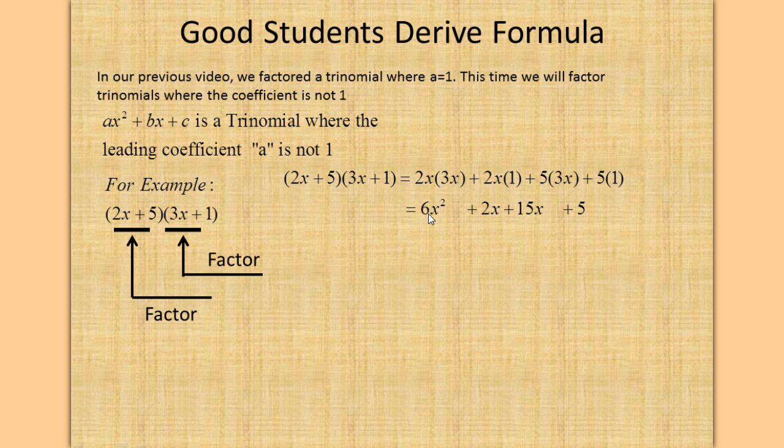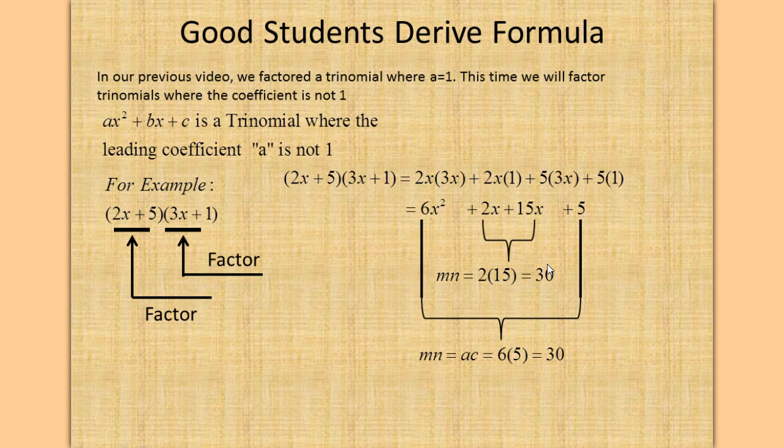And if we do the multiplication, we have 3 times 2 is 6 times x squared, plus 2x times 1, plus 3 times 5 is 15 times x, plus 5 times 1 is 5, okay? And if you'll notice here, in our equation, m and n, if you remember from our last video, the two terms on the inside that make up b are m and n, okay?